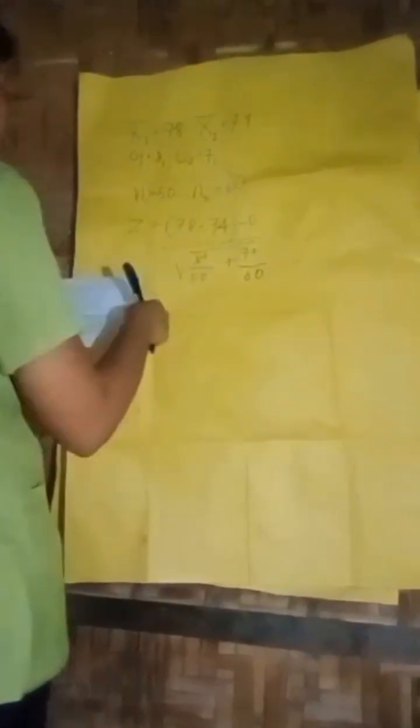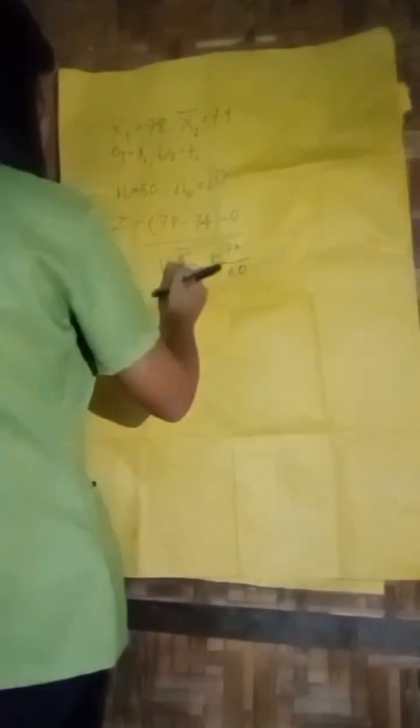So, Z equals 8 times 8 times 8. 8 times 8 equals 64 over 50. 7 times 7, 49 over 60.